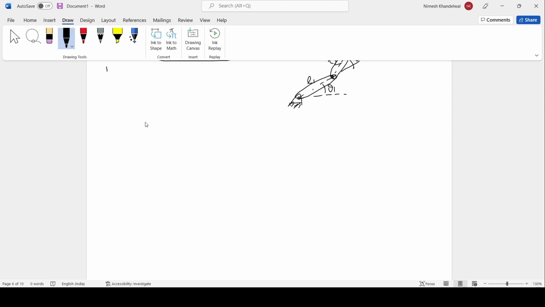So x is L1 cos theta 1 plus L2 cos of theta 1 plus theta 2, and similarly y is L1 sin theta 1 plus L2 sin of theta 1 plus theta 2.